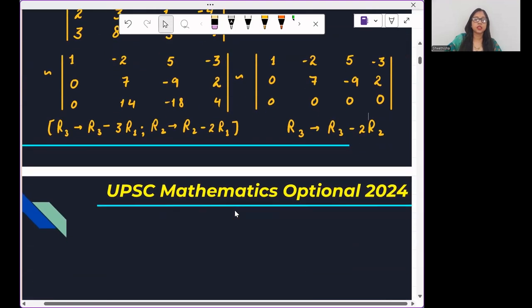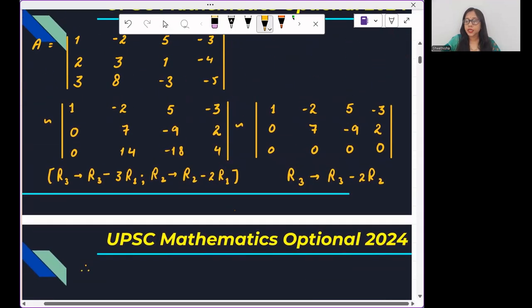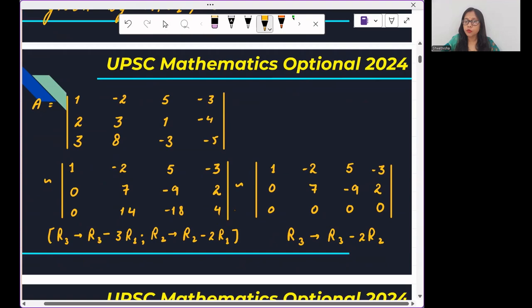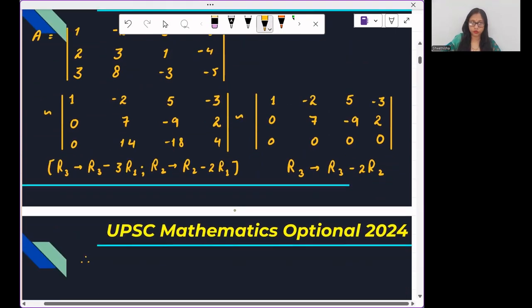All right. Therefore, you can see it's not linearly independent because I have one row entirely 0. So now your spanning set can be reduced to only these two non-zero vectors. Therefore, H has basis 1, -2, 5, -3 and here we have 0, 7, -9, and 2.